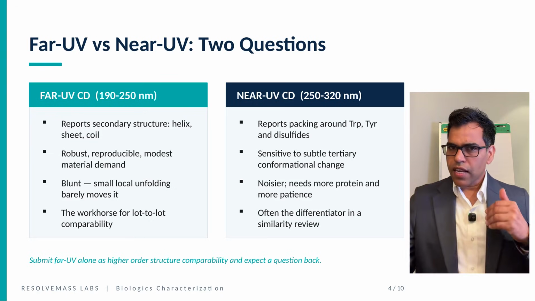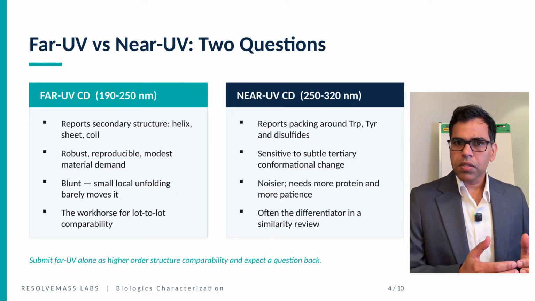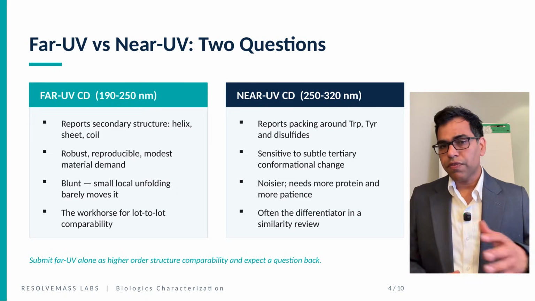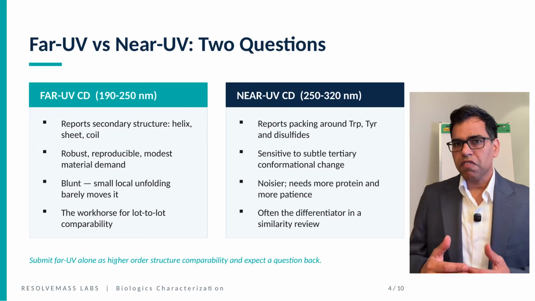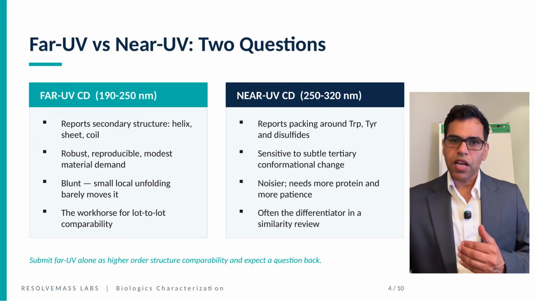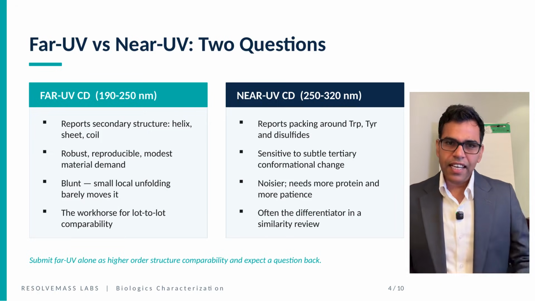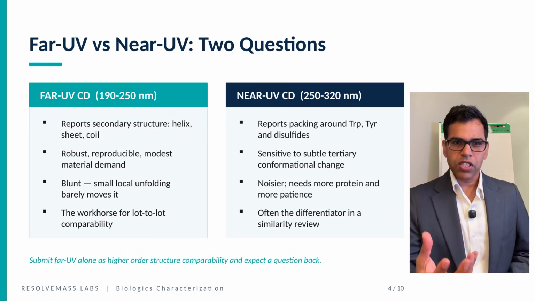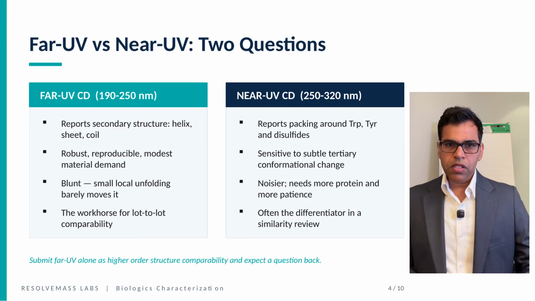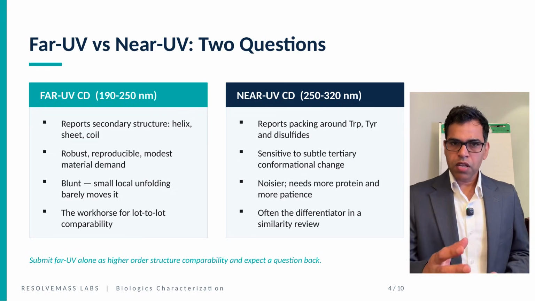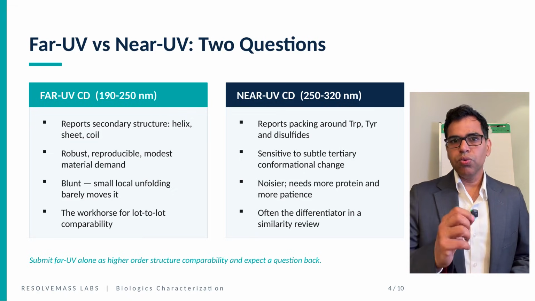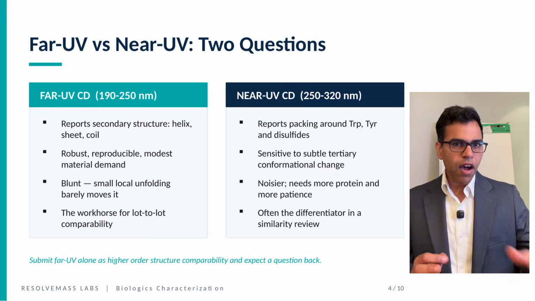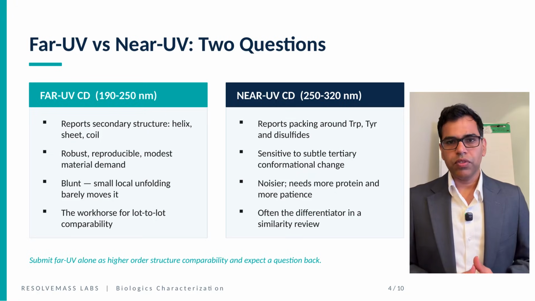Far UV and near UV circular dichroism are two different experiments, and reviewers read them differently. Far UV, roughly 190 to 250 nanometers, reports secondary structure content, how much helix, how much sheet. Robust, reproducible, and blunt, a protein can lose a critical local fold, and the far UV spectrum barely moves.